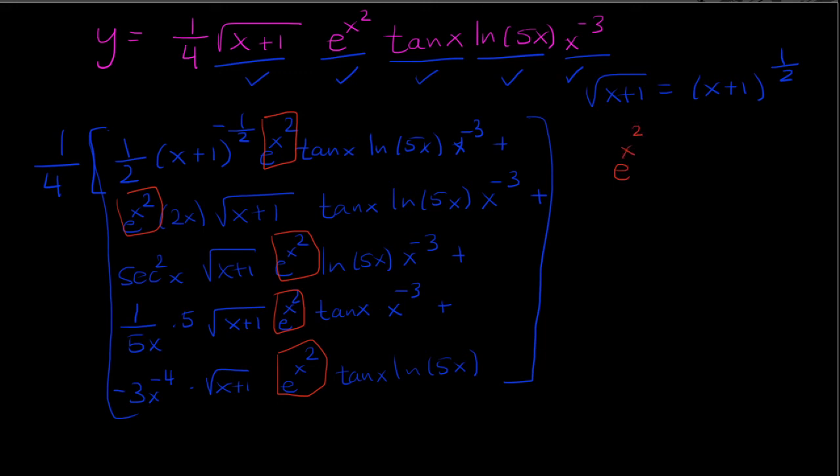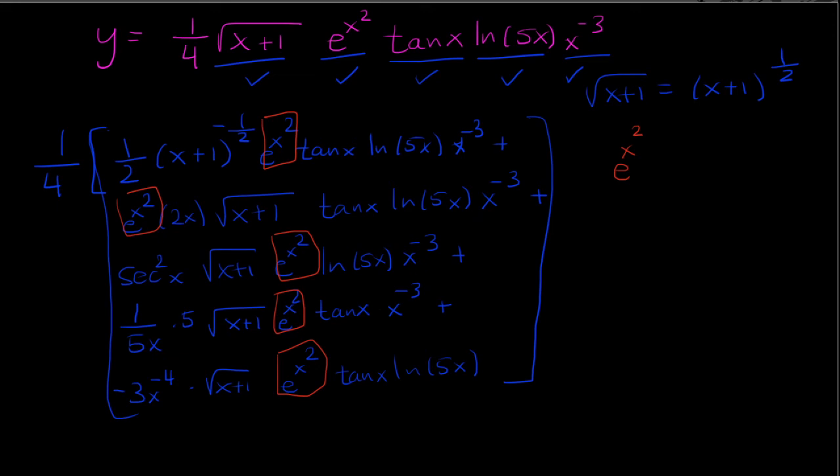So I'm going to factor out e to the x squared. Let's see. I'm going to skip x plus 1 to the positive 1/2 or negative 1/2 for now. That's a little tricky. Tangent of x, they don't all have tangent of x. Skip that. They don't all have natural log of 5x. Skip that.